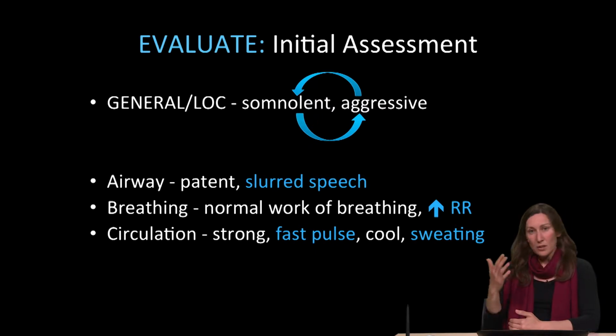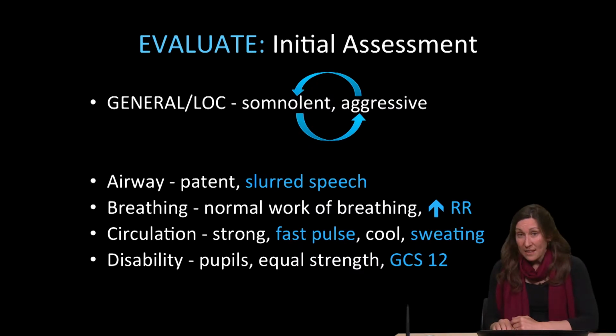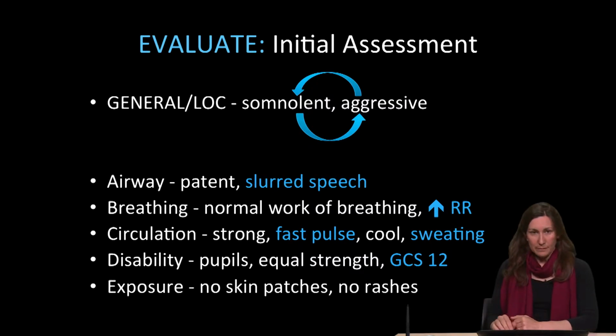He's cool and he's also sweating profusely. On disability, his pupils are equal and reactive, he has equal strength, and his GCS is 12. And finally, on exposure, you notice that there are no skin patches, so no medication patches, no track marks or signs of intravenous drug use, and he has no rashes.